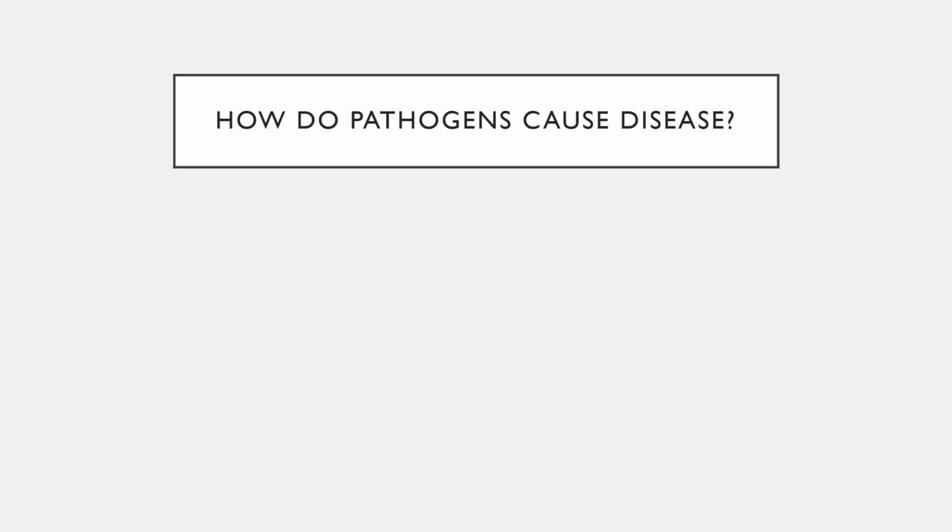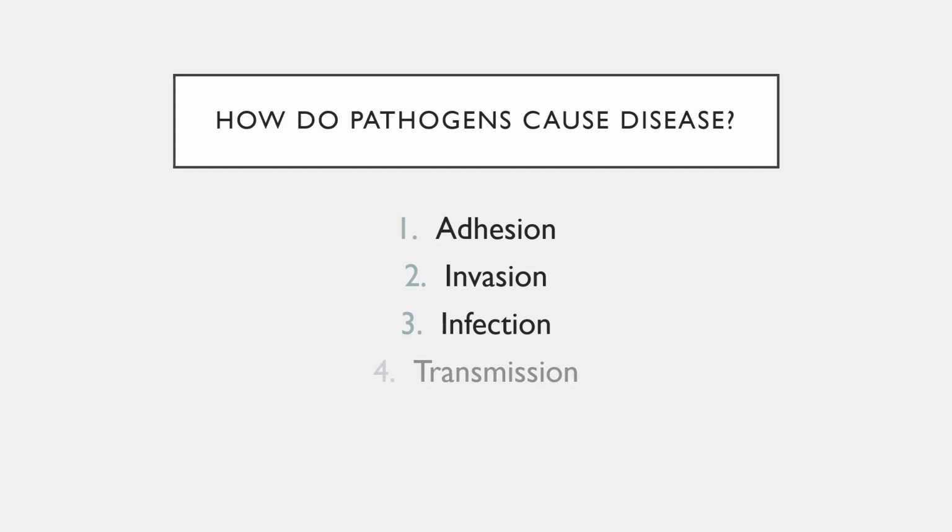The first is adhesion, where the microbe is introduced to the body. Then there is invasion, where the microbe spreads, infection, where it proliferates, and finally transmission, where it exits the host and moves to other hosts to restart this whole process over again.